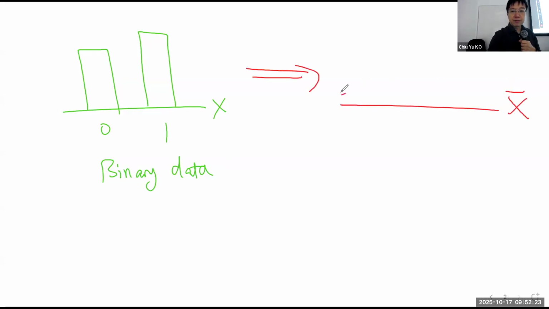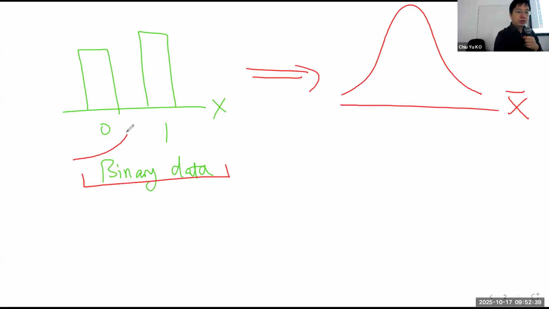a bell curve. And what do we get? In the binary data, you can calculate the average, which is mu: add up how many ones you have, divided by the total number of them.